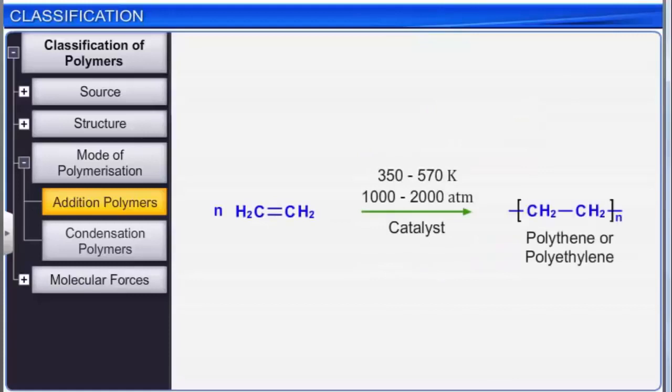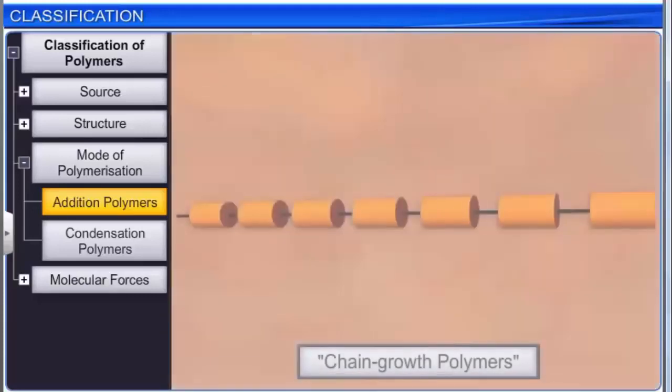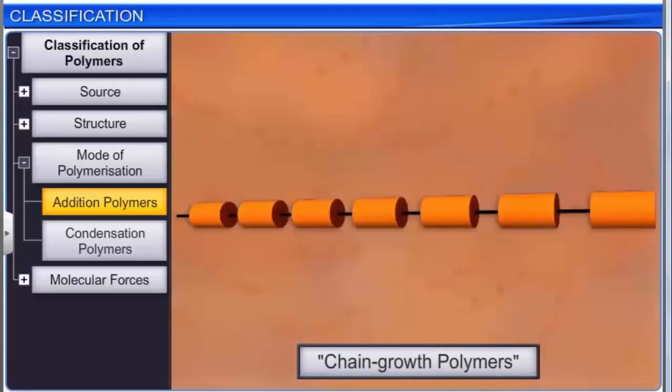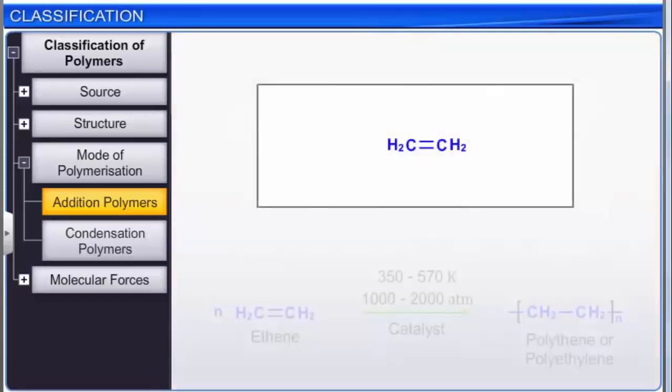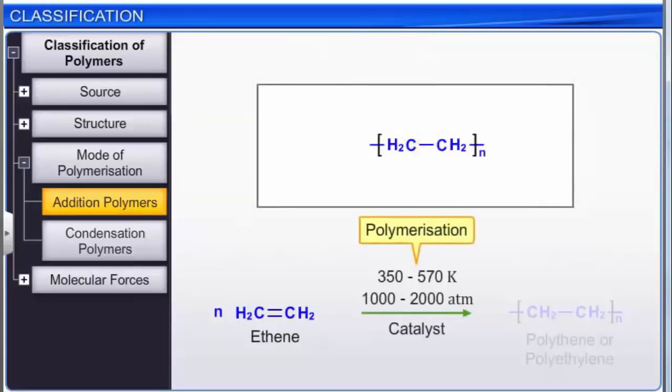The reaction involves breaking of pi bonds. Addition polymers are sometimes referred to as chain growth polymers. For example, ethene contains a carbon-carbon double bond. When polymerized, it forms polythene or polyethylene, which has all single bonds.